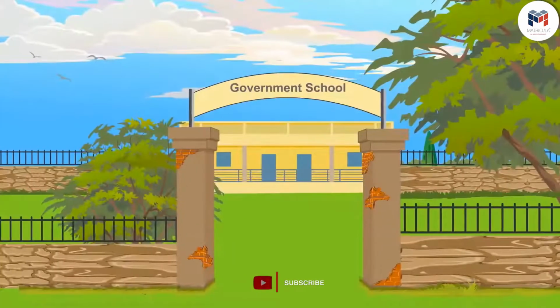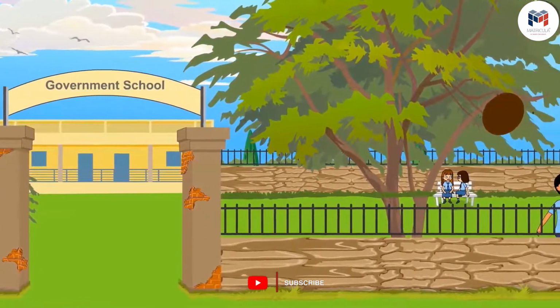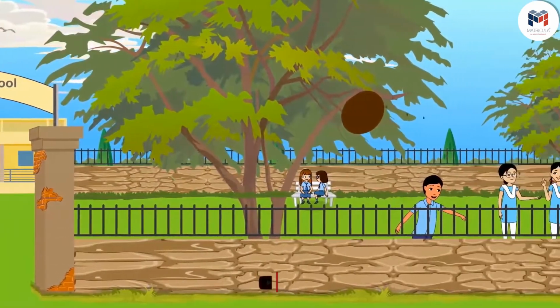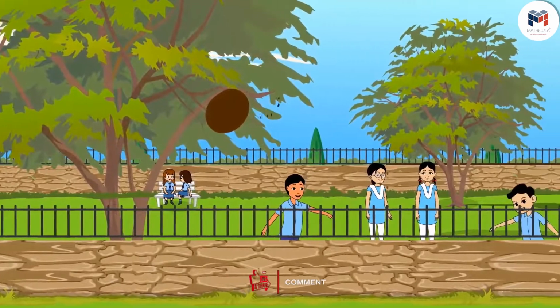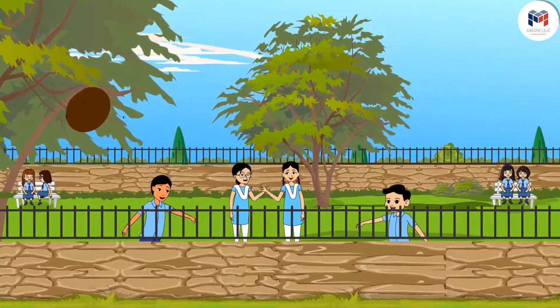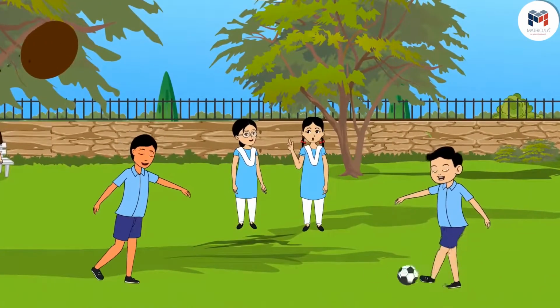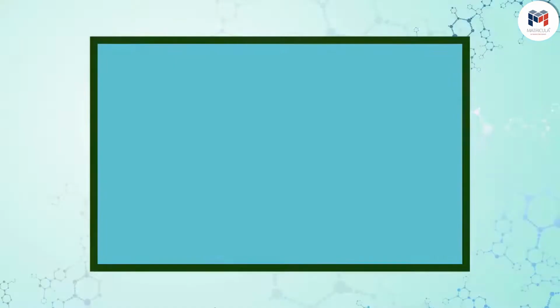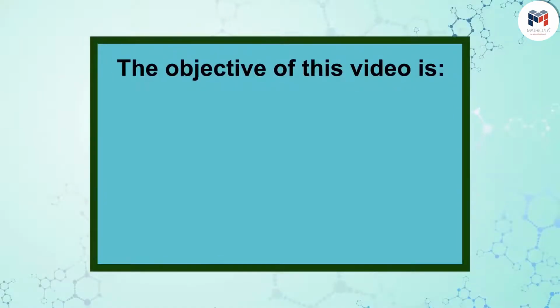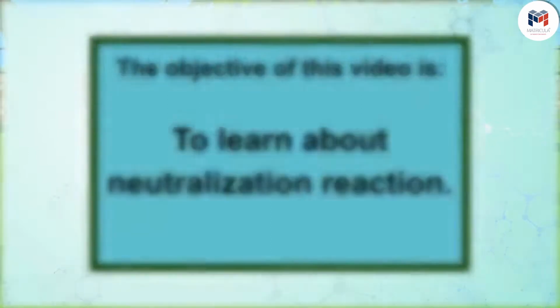We might find answers from him, his friends or his teacher. What are you waiting for? He's playing with his friends in the school. The objective of this video is to learn about neutralization reaction.